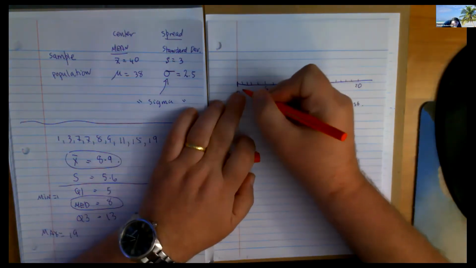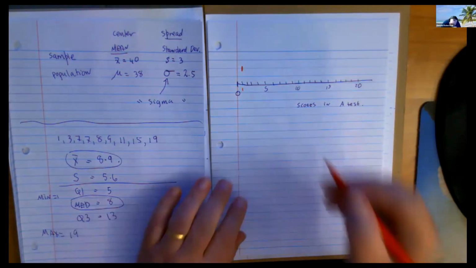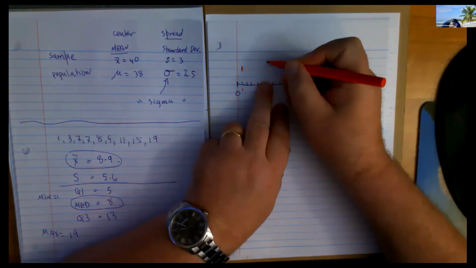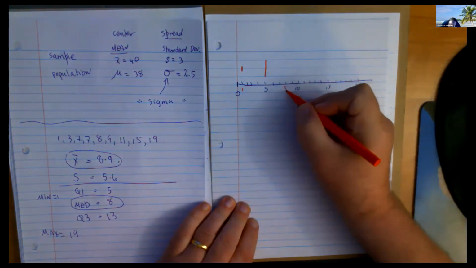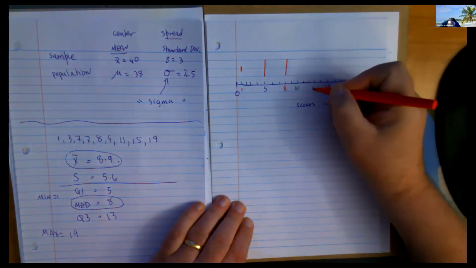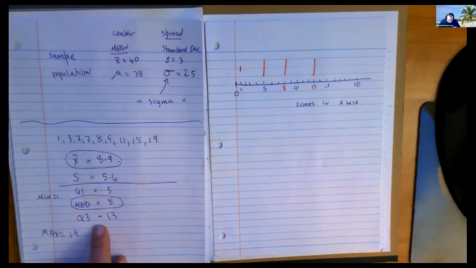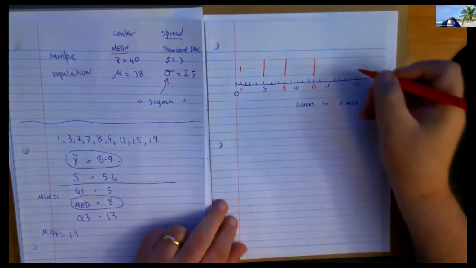So at 1, you do a tiny little mark like that. Q1 is 5. So at Q1, you draw a bigger line. The median is 8. So at 8, you draw another line. Q3 is 13, which is about here. You draw another line. And the maximum is 19, and you draw a little line.